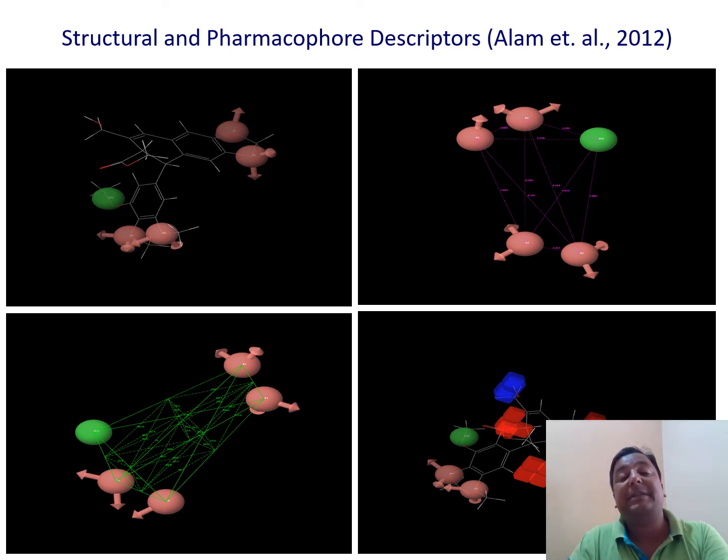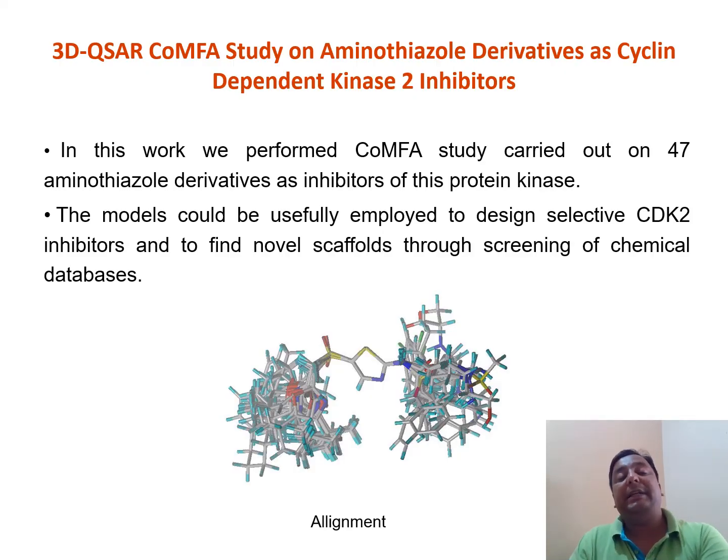So here we can say that one piece of work has been published, which shows that an anti-cancerous drug must have a number of hydrogen bond acceptors, a number of hydrogen bond donors, and ring atoms, as well as one hydrophobic atom, and this is represented in terms of the favorable and unfavorable binding effects in different color representations. So one case study which I am presenting is a 3D QSR study based on COMFA.